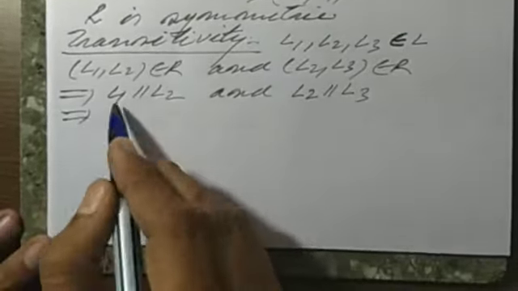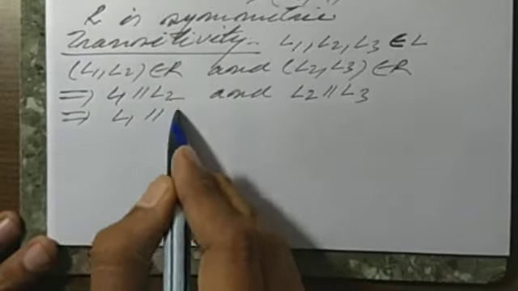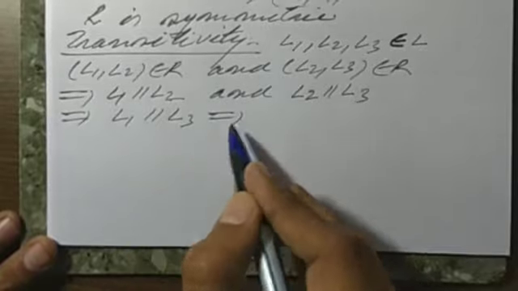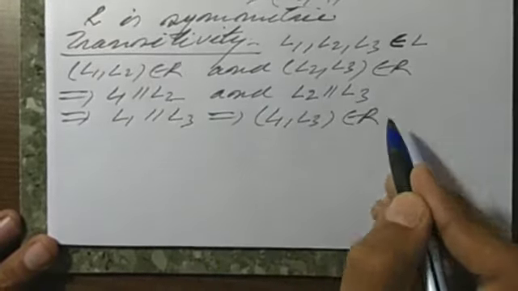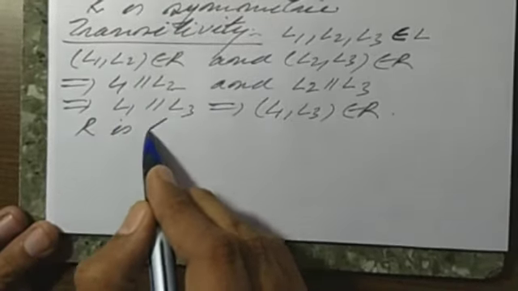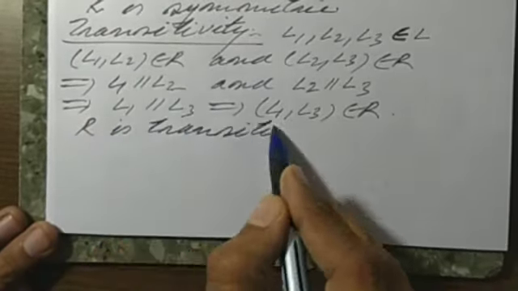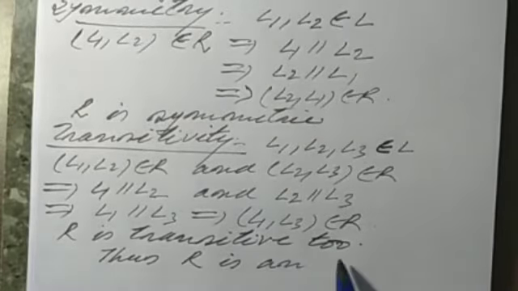Obviously, when L1 is parallel to L2 and L2 is parallel to L3, then L1 must be parallel to L3. It implies that (L1, L3) must also belong to R. So R is transitive too. Since we have shown that R is reflexive as well as symmetric as well as transitive, R is an equivalence relation.